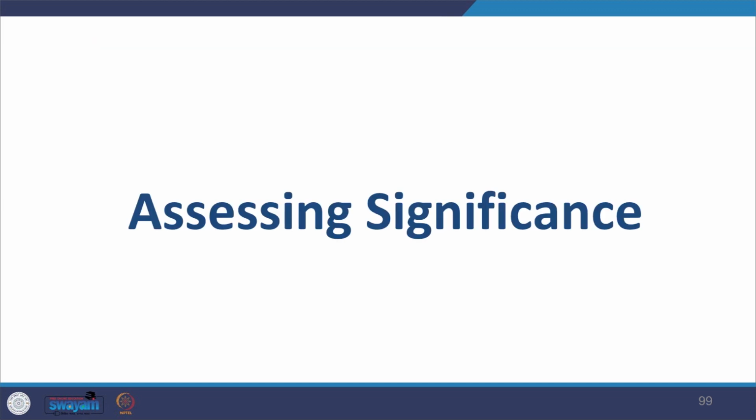Now, looking at assessing the significance. There's no standard in this domain to recognize what the significance is, so a lot of judgments are made, and it also depends on the political and arbitrary scenario.